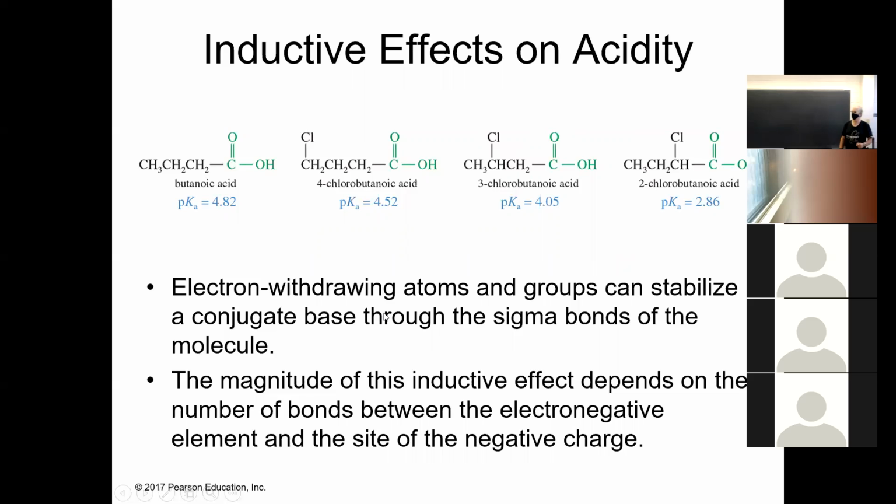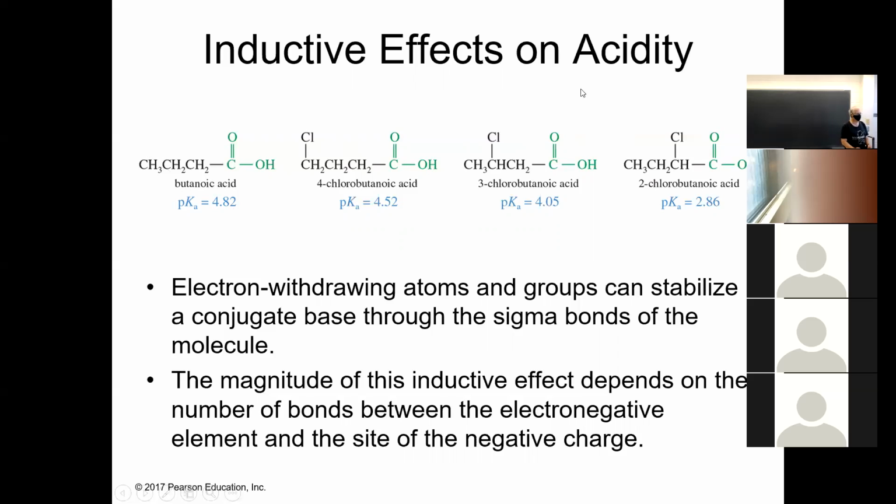Next we'll look at what we call inductive effects. These are effects of nearby electronegative atoms that take place through the covalent bonds. Here we have butanoic acid on the left. Its pKa is 4.82.